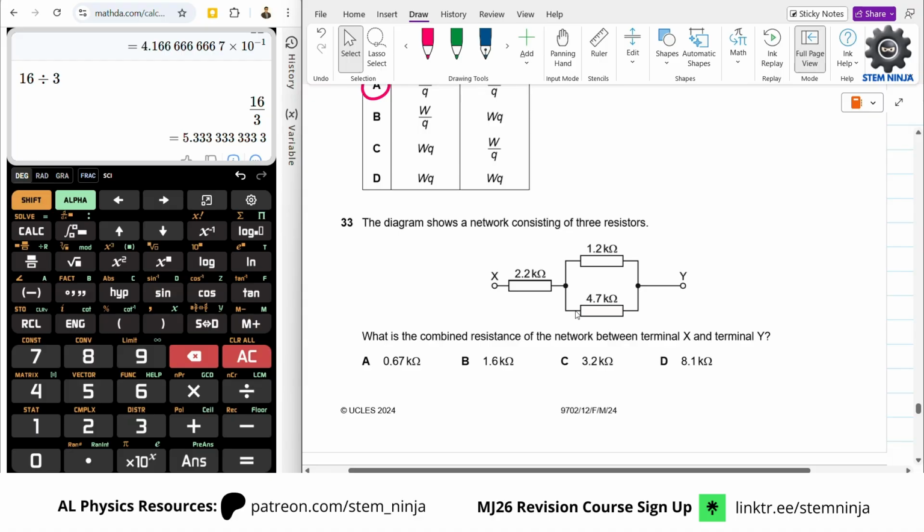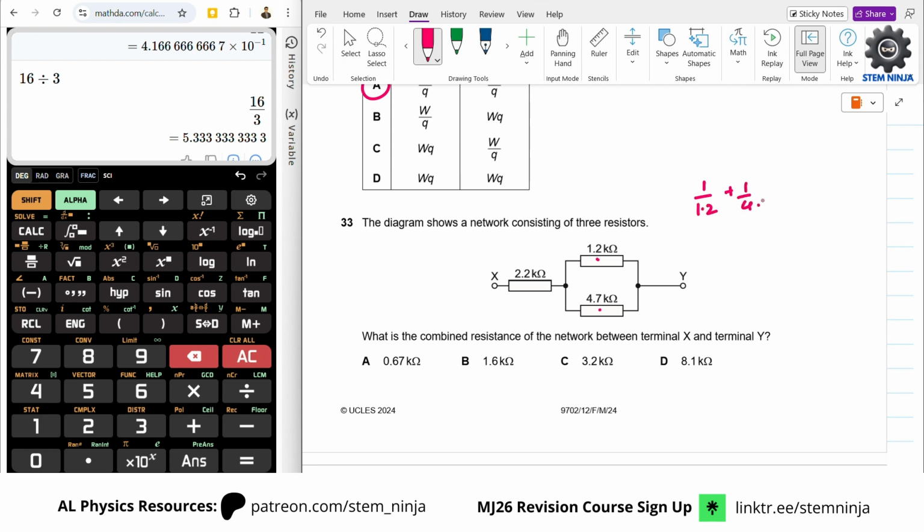The diagram shows a network consisting of 3 resistors. What is the combined resistance of the network between terminal X and terminal Y? We start by finding the combined resistance of these two: 1 over 1.2 plus 1 over 4.7.